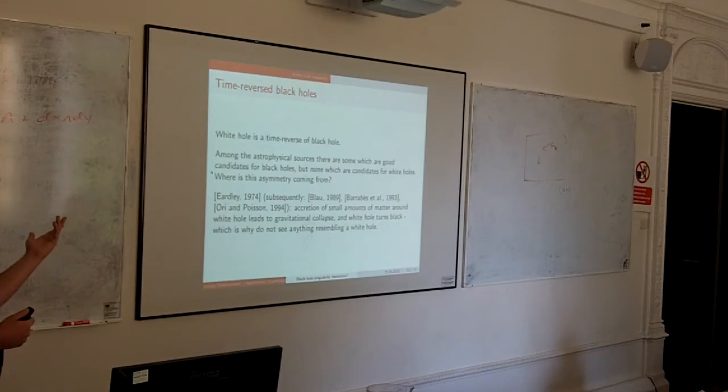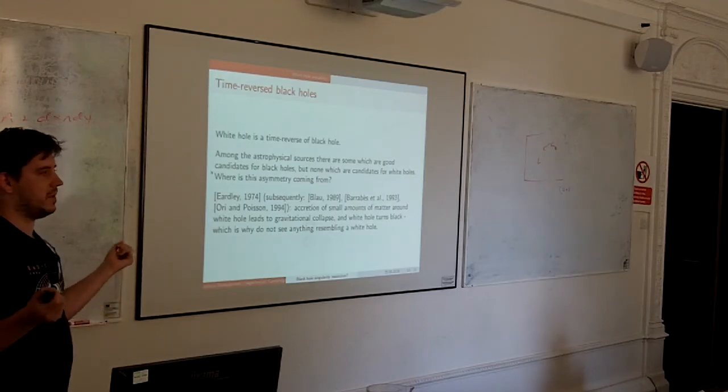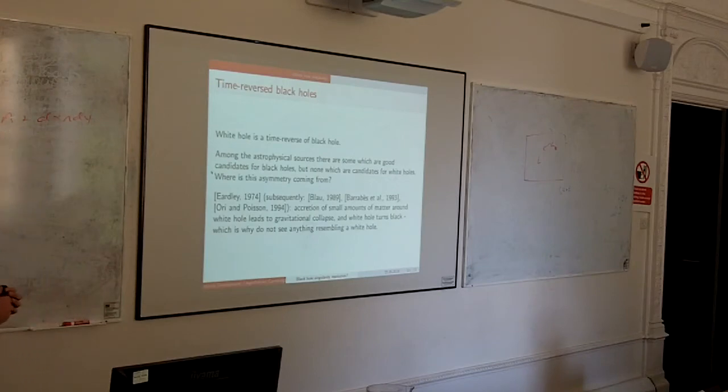So one could put it in the following way. Among the known astrophysical sources, there are some which are good candidates for black holes, but there are no sources which are candidates for white holes. So there is an asymmetry in GR between black hole solutions and white hole solutions. And you could ask, what is the source of this asymmetry?